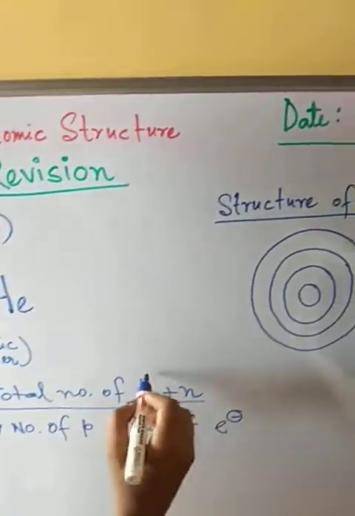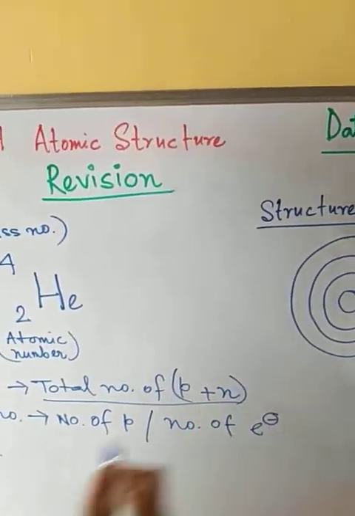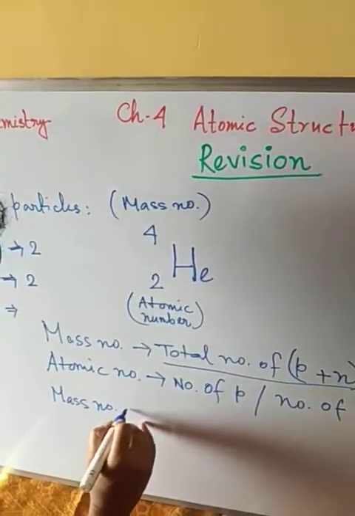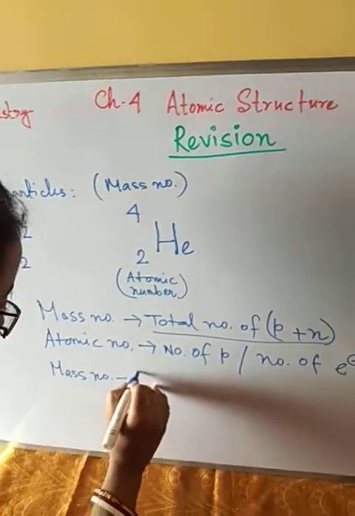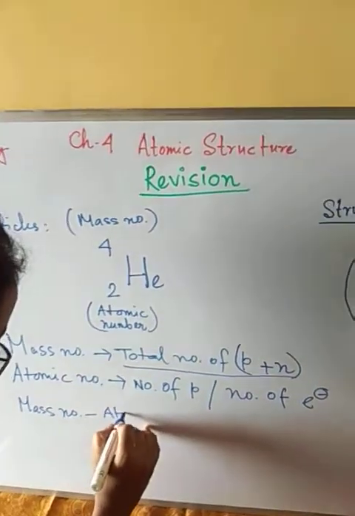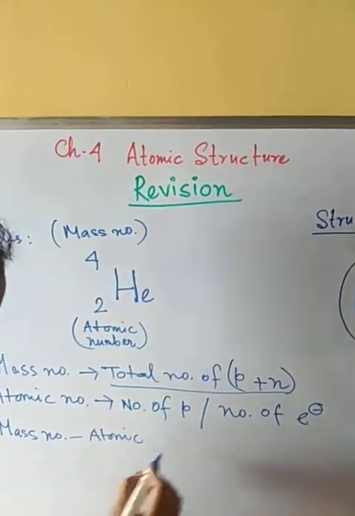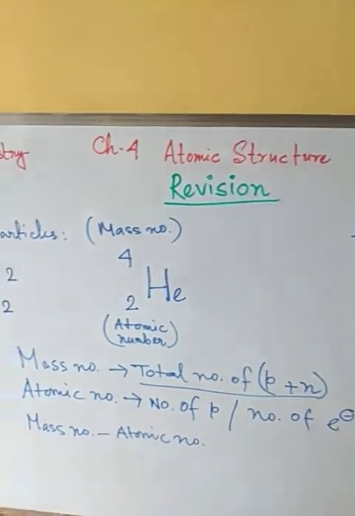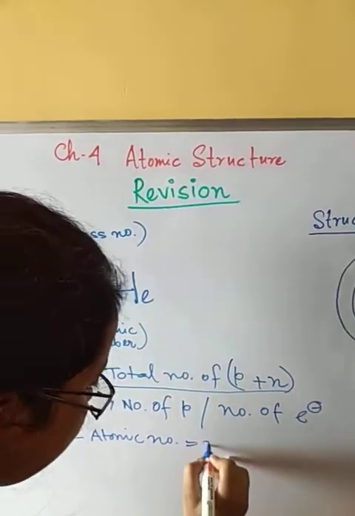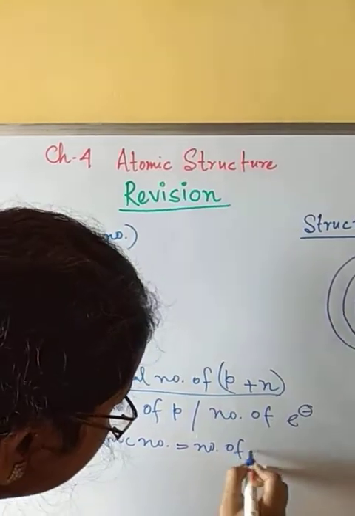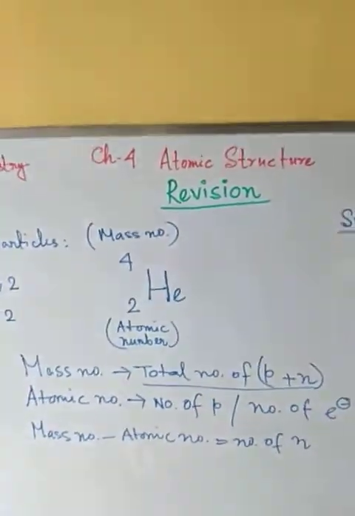Mass number is the total number of protons and neutrons. So if we subtract the atomic number from the mass number, we will get the number of neutrons present in an atom.